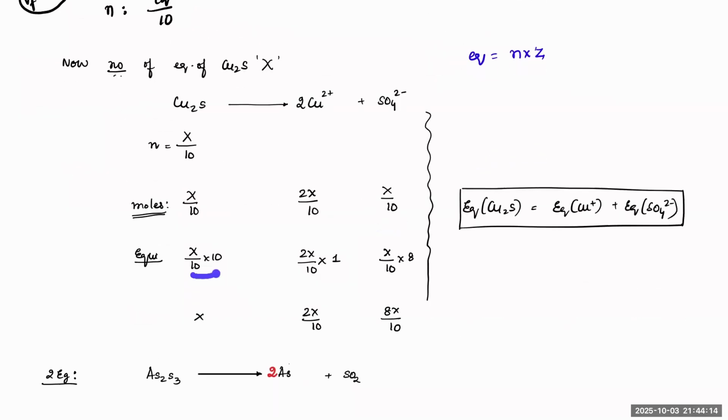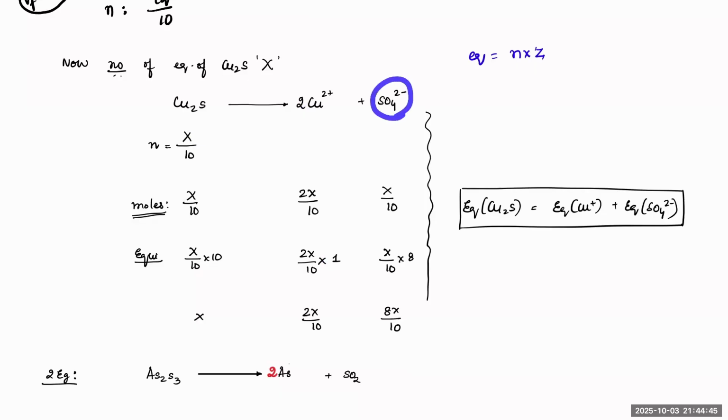And remember, number of moles multiplied by valency factor will give you equivalents back. So multiply that with the number of electrons involved. One copper 2 plus is involving how many electrons? Now we are not talking about Cu2S. I am talking only about Cu2 plus. Cu2 plus is coming from Cu plus. For 1 mole, 1 electron is transferred. So that becomes its valency factor.